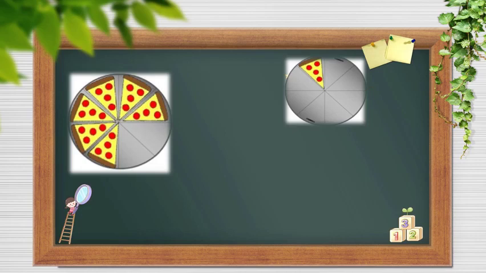Okay, so here I have two pictures of pizza representing different numbers of parts. So quickly tell me what will be the fraction for this pizza. What is my denominator? Excellent, it will be 8. And what is my numerator? Very good. 1, 2, 3, 4, 5, and 6. 6 will be my numerator and 8 is the denominator.